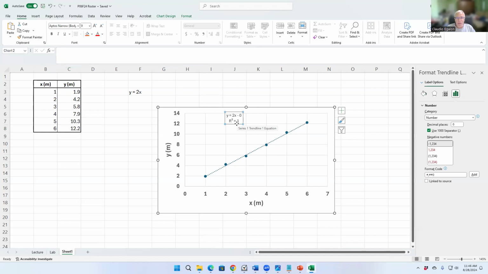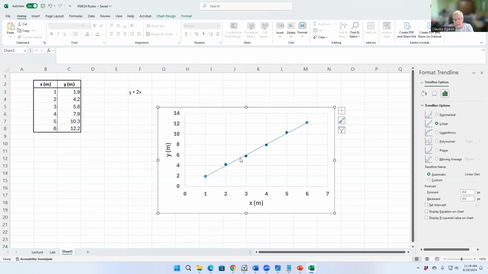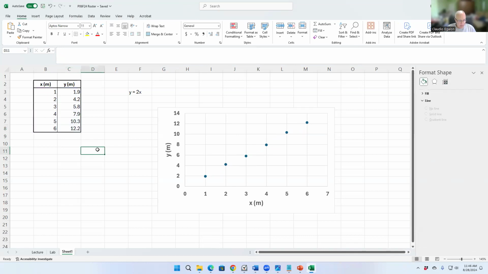Okay, and I'm going to redo that all over again for you, so you can see it, as I watch out for R square, as I start changing the data points again. Okay, here you go. I'm going to delete that. I'm going to go back to the original data point that I have.